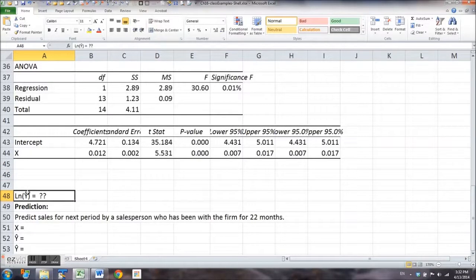So now the ln of y hat, or y hat prime, equation is 4.721 plus 0.012x.